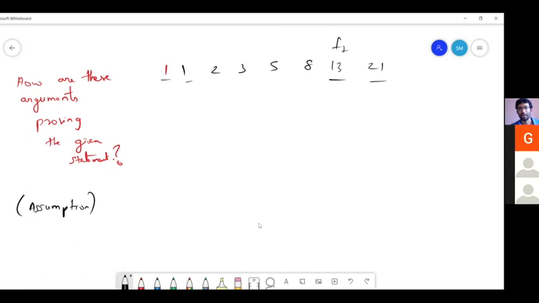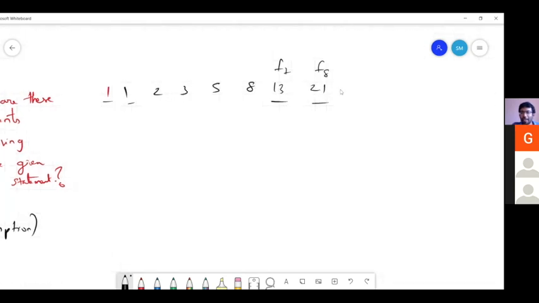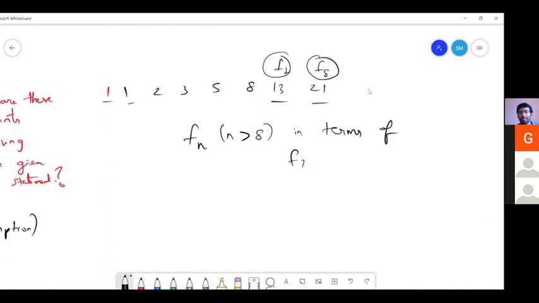This is F7 and F8, right? So now, can I express all the Fibonacci numbers greater than 21 just in terms of F7 and F8? Can I represent all the higher Fibonacci numbers in terms of F7 and F8 alone?